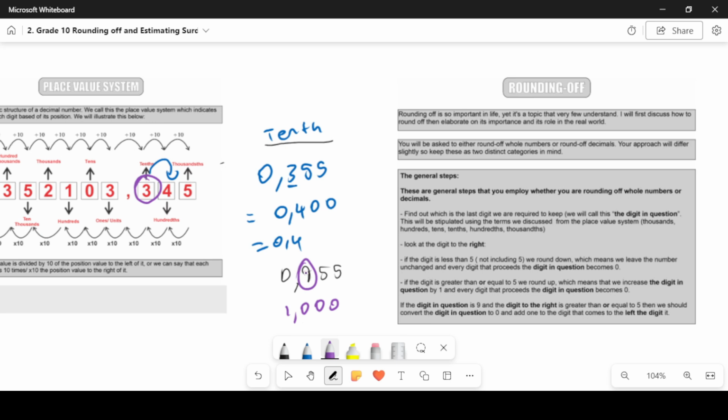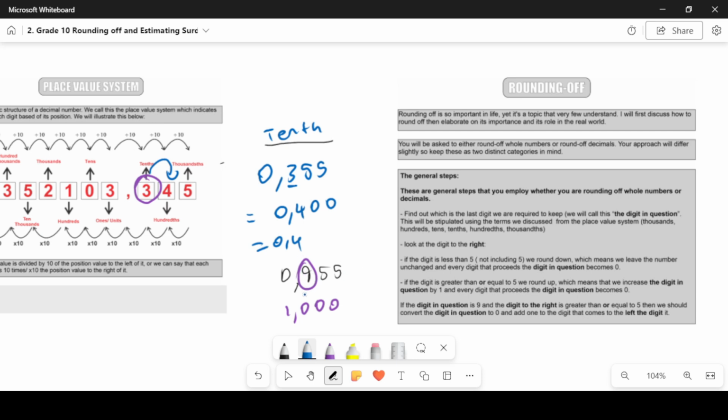What we did here is we made this 10, but we actually have to add 1 to the digit to the left of the digit in question. Let me repeat that. You're adding 1 to the number to the left of the digit in question, and you're changing every number after the digit in question to 0.